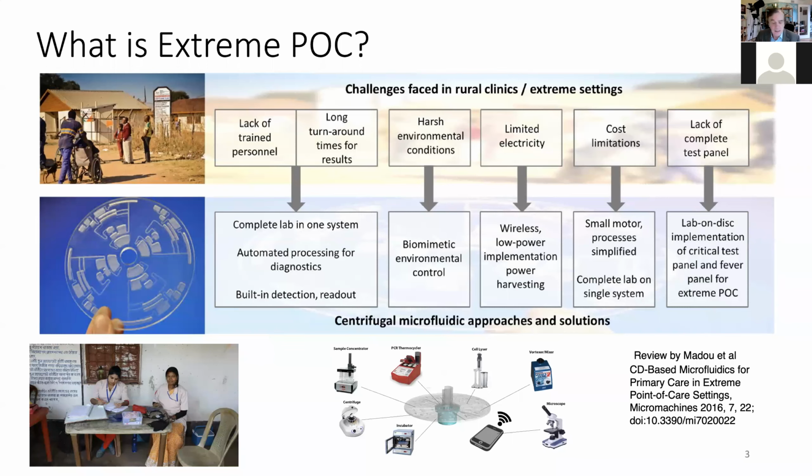You would like to be able to test for as many possible pathogens as possible, not just one because you happen to be in that environment. It's difficult to get there, so you would like to get as much answers as possible from one device. So arrows below these identified challenges do tell about what we are trying to do with our system.